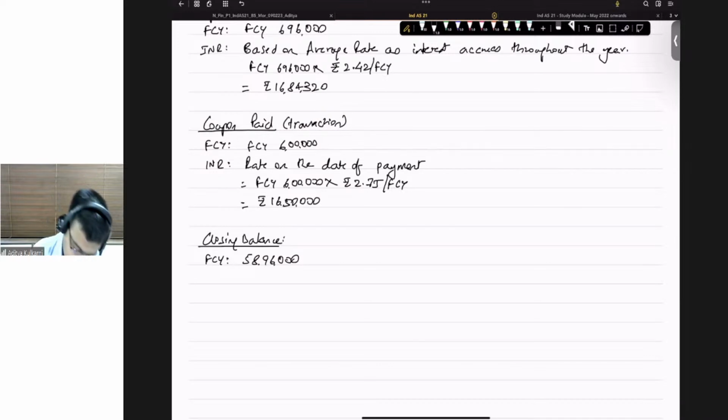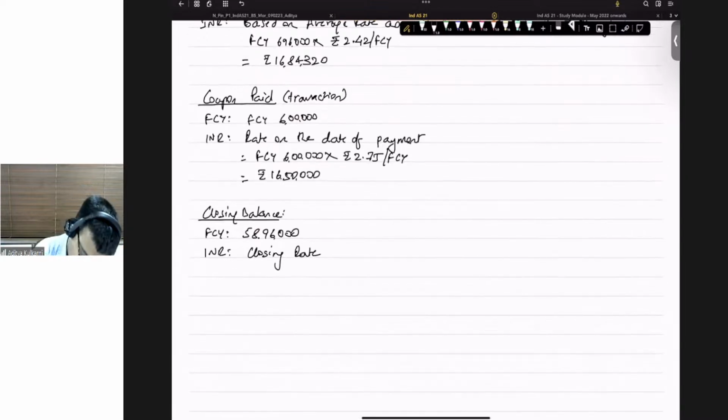So INR, closing rate. Since it is a monetary item, the closing rate applies.